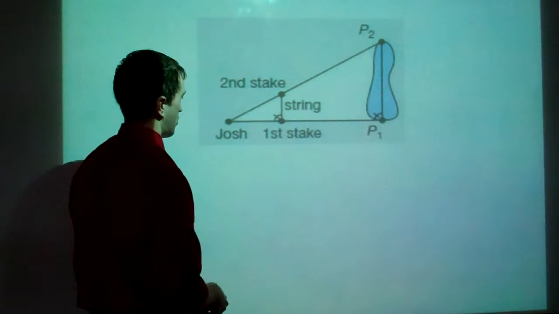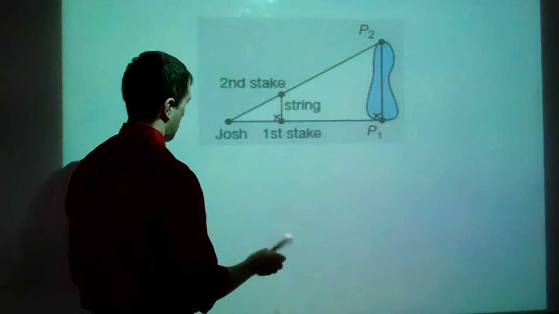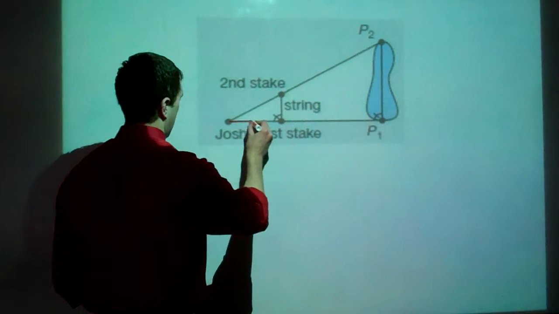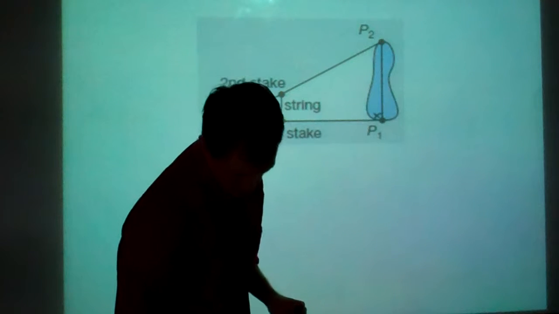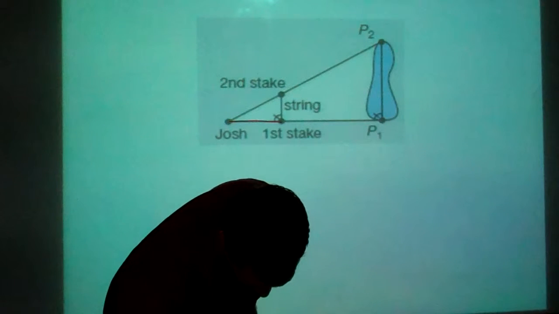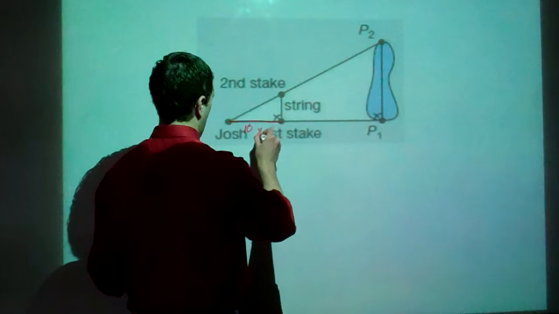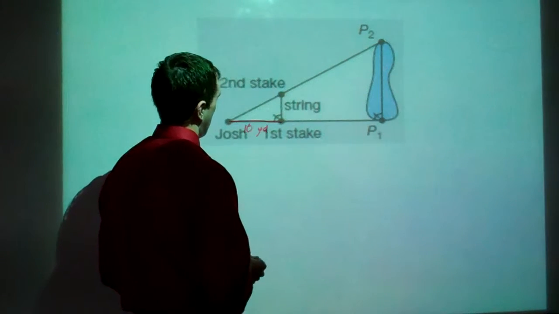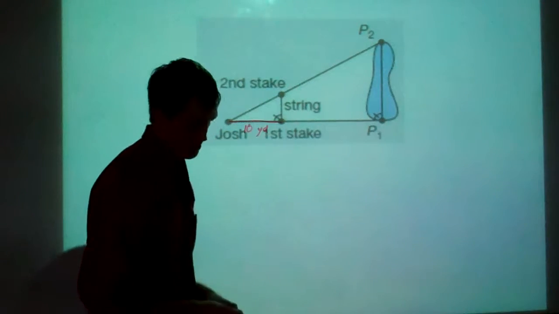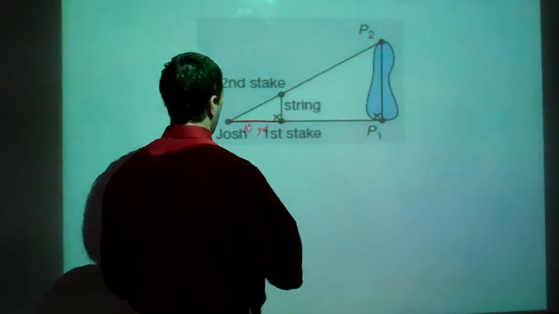Okay, so Josh knows this distance right here, and it says that he walked 10 yards. Okay, so 10 yards. And he also knows this distance right here. He measured that out, and that is 8 yards.